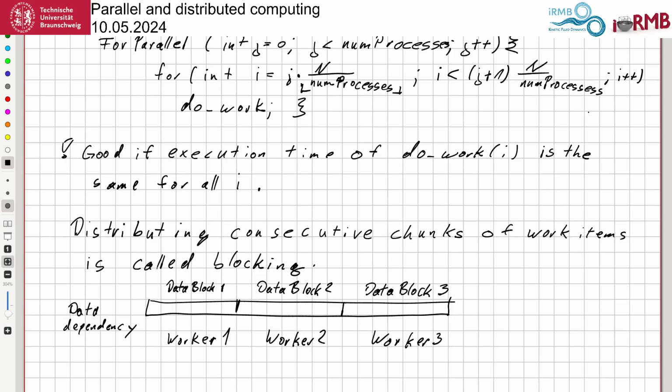This is one thing, and the other thing is, I'll draw a picture on this in a minute, that your work may not only be dependent on local data, but may also be dependent on neighboring data. Those data items would be closer together in memory, which is often the case in practice.